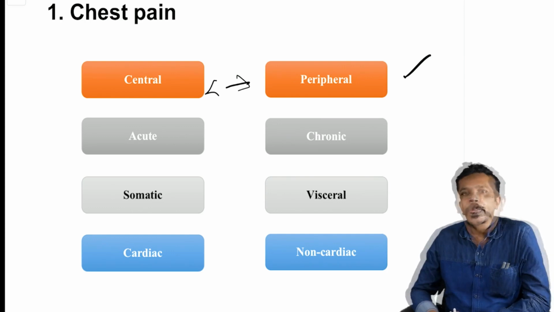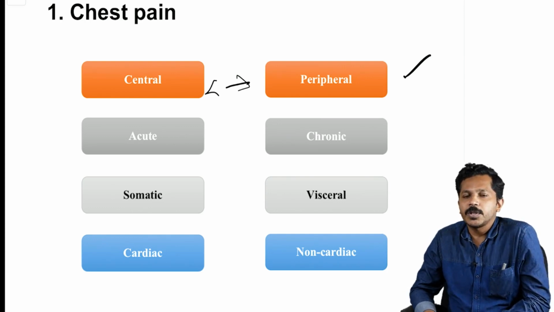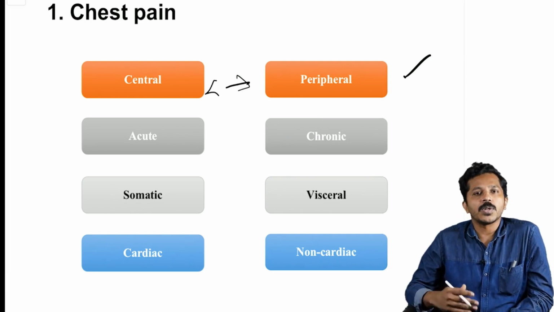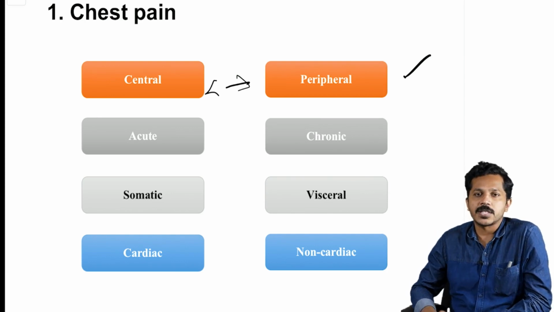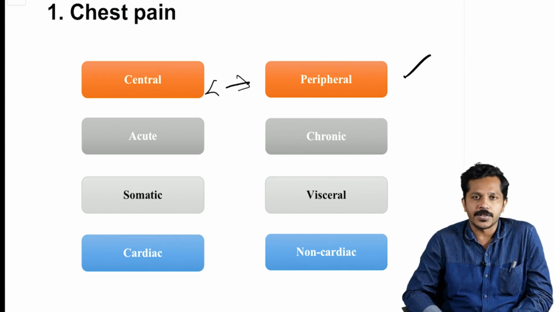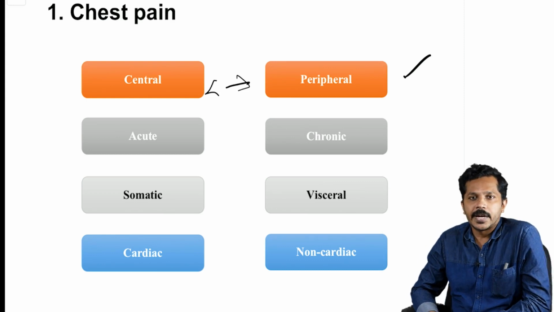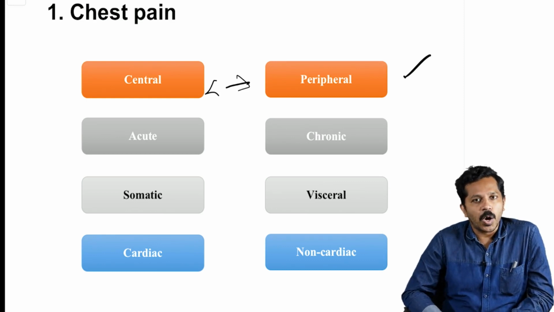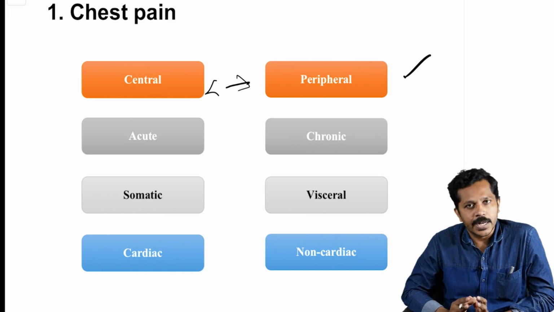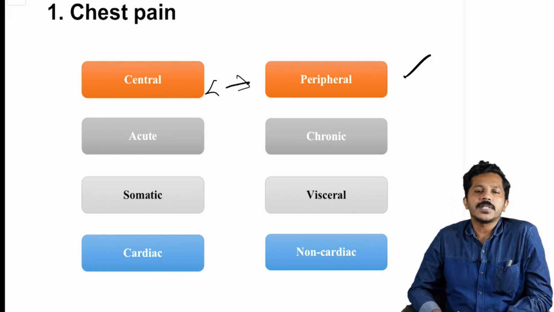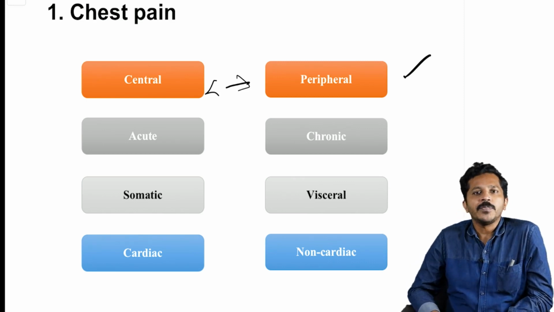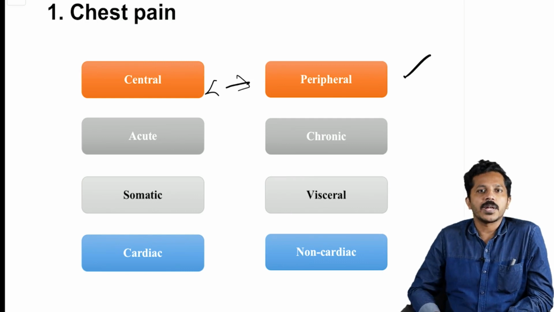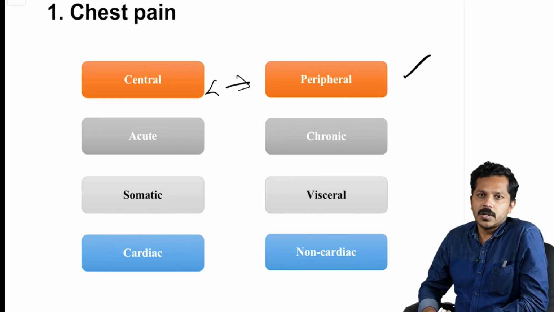You may remember the anatomy of the mediastinum, in which almost all structures are situated in the center of the chest, like the heart, pericardium, great vessels, trachea and bronchi. The periphery of the chest contains the lungs, pleura, neurovascular bundle, ribs, chest wall, and the skin.